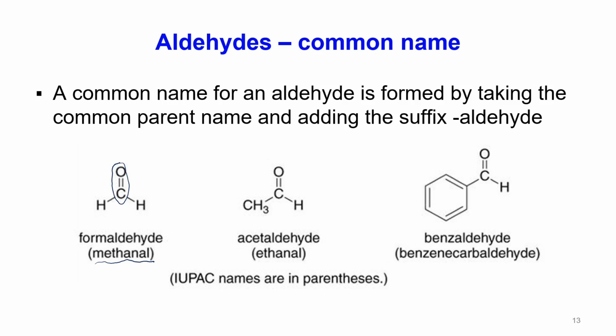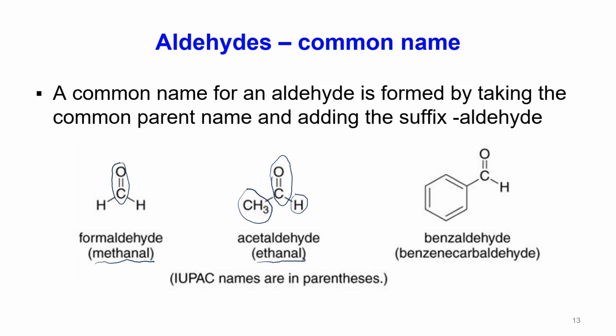The next structure is ethanal. The structure has carbon double bonded to oxygen and has one hydrogen atom at one side, one carbon chain at the other side. Total number of carbon is 2 carbon. This structure is also known as acetaldehyde as the common name.